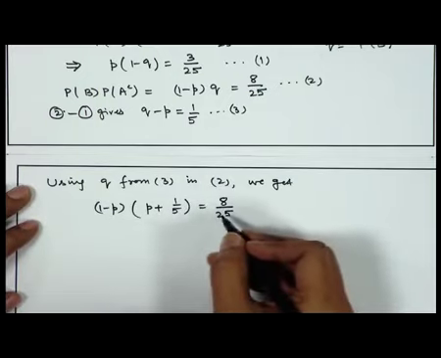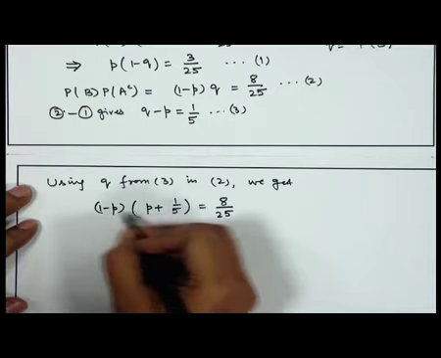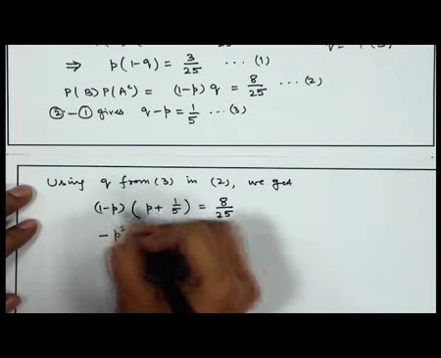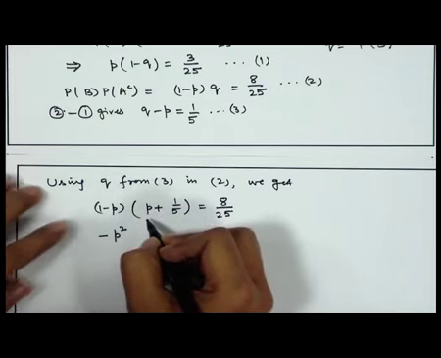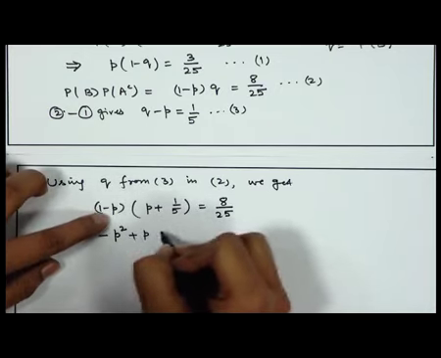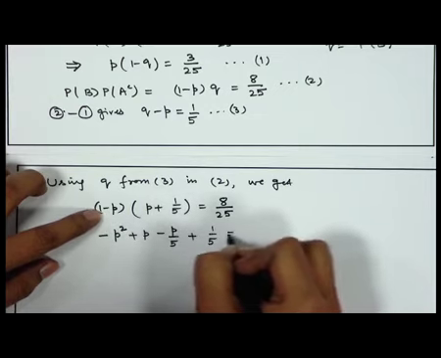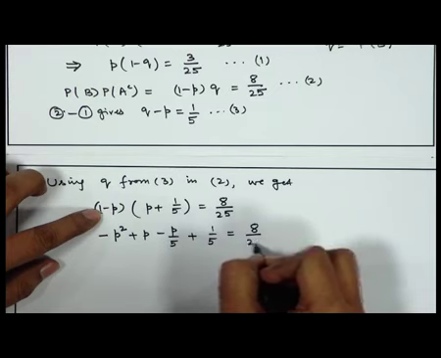This is a simple quadratic equation. You can actually write it: if I expand this, minus P square plus P minus P by 5 plus 1 by 5 is equal to 8 by 25.